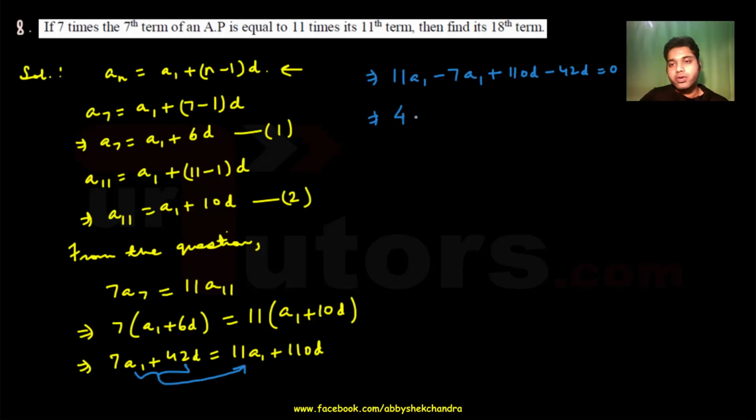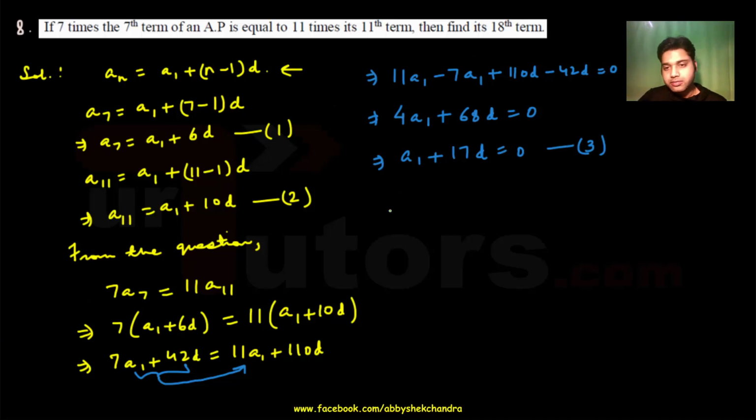That would mean 4 times a1 plus 110 minus 42, so 68d, will be equal to 0, which means now you can divide throughout by 4, so you'll get a1 plus 68 divided by 4, which is 17d, equal to 0. Let's call it 3.